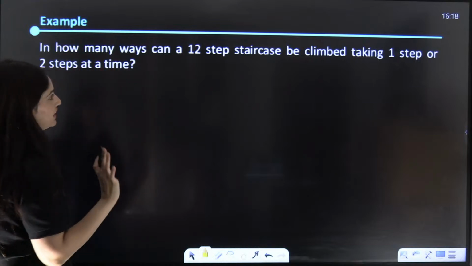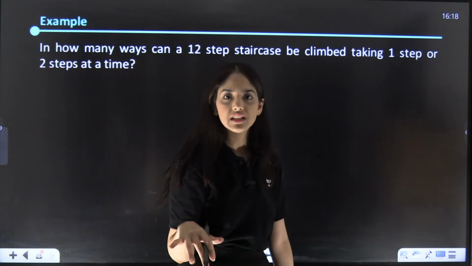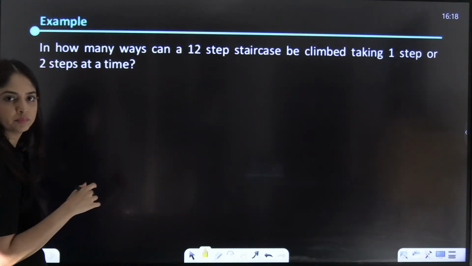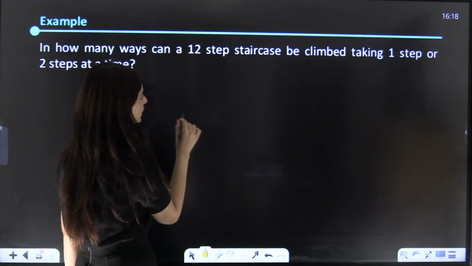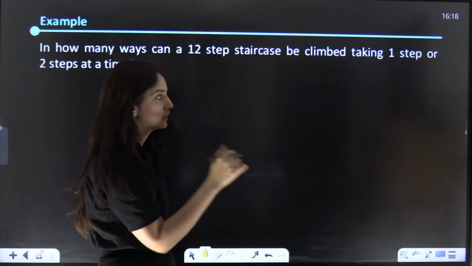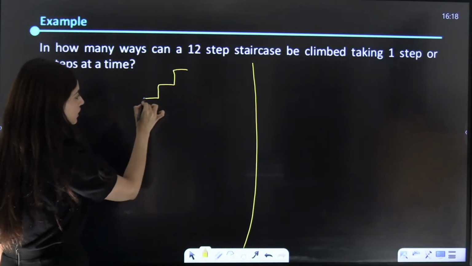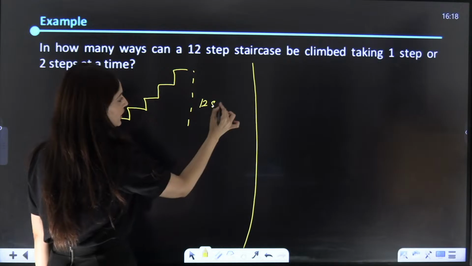In how many ways can a 12-step staircase be climbed, taking 1 step or 2 steps at a time? That means we have a staircase. There are 12 steps.